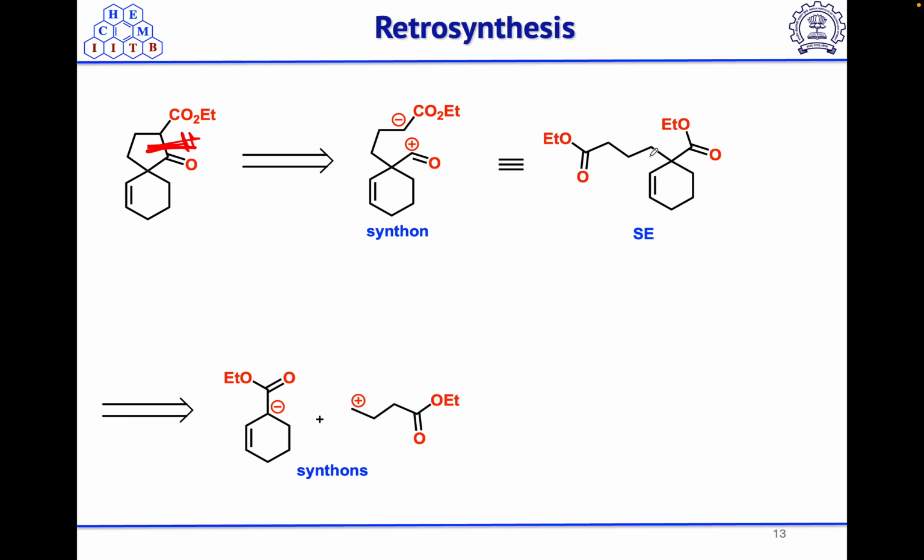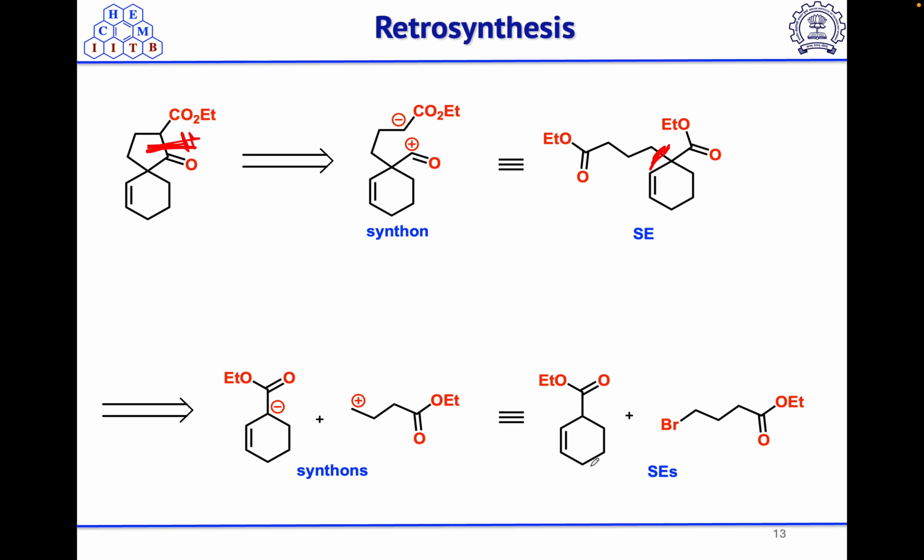So now what will be the next, okay? Like this CC1 disconnection approach will lead to these syntons, okay, donor synton and acceptor synton, right? So what will be the synthetic equivalent?